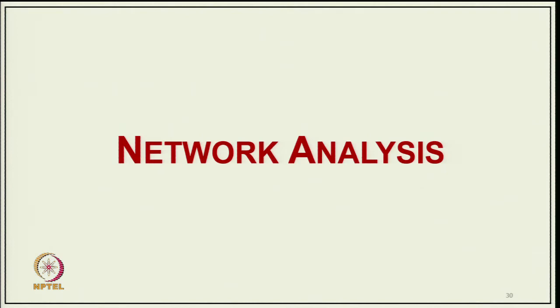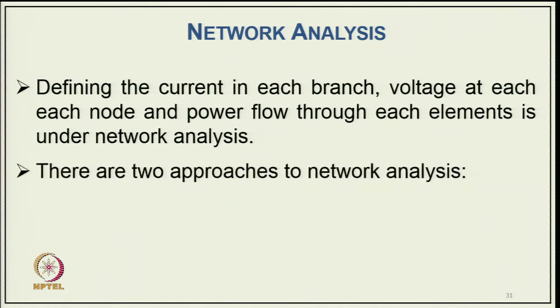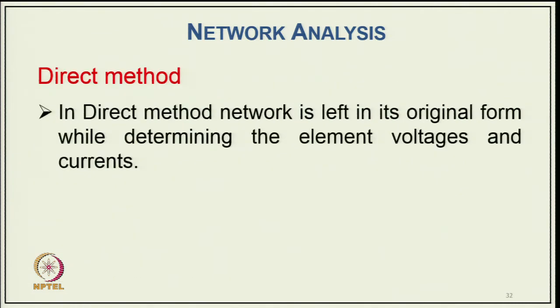Coming to network analysis. Defining the current in each branch, voltage at each node and power flow through each element comes under network analysis, and there are two approaches to network analysis: a direct method and an indirect method.